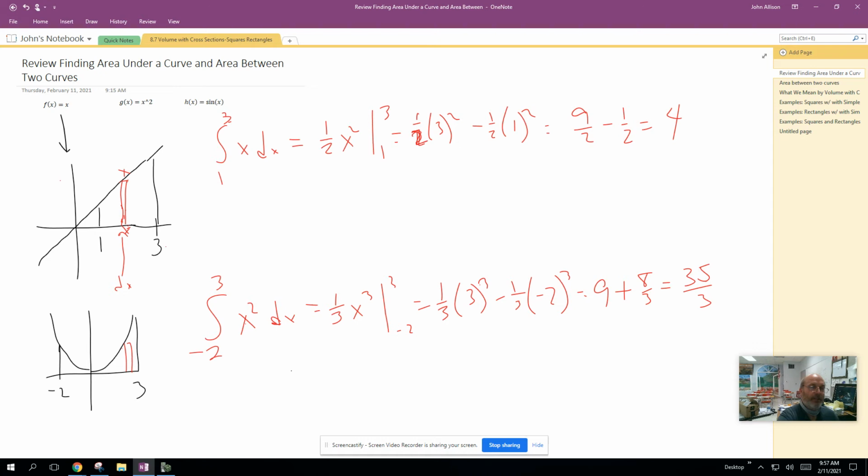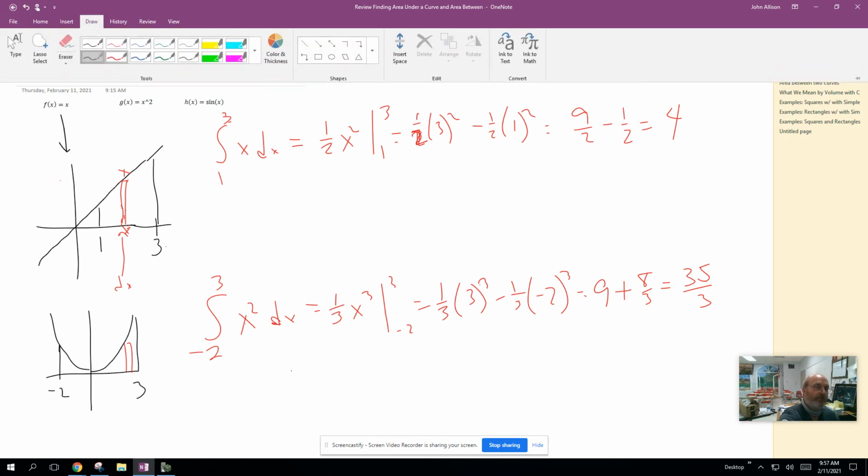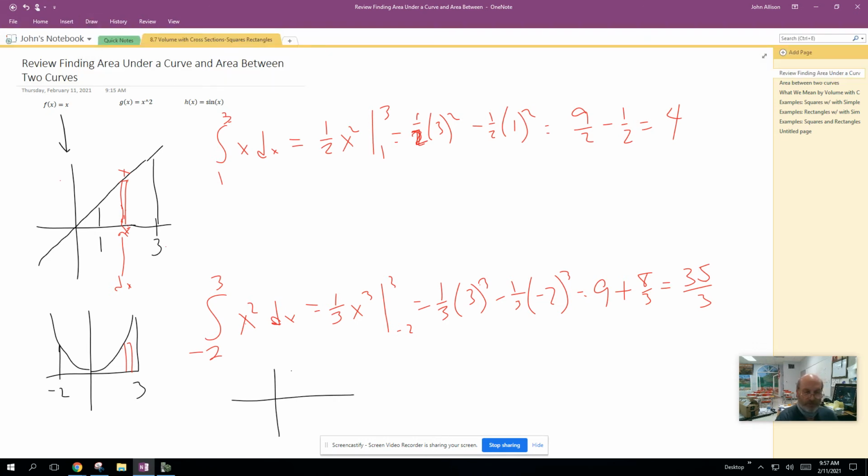Let's go ahead and do h of x equals sine x. Let's evaluate this one from 0 to pi. Remember the sine curve looks like this, where it intersects the origin, and then this would be pi. So if we do 0 to pi, we're looking for the area under there. And we would evaluate that. Limits of integration from 0 to pi. The height of the rectangle is sine x, multiplied times the width of the rectangles, dx. Antiderivative of sine x is negative cosine x, evaluated from 0 to pi.